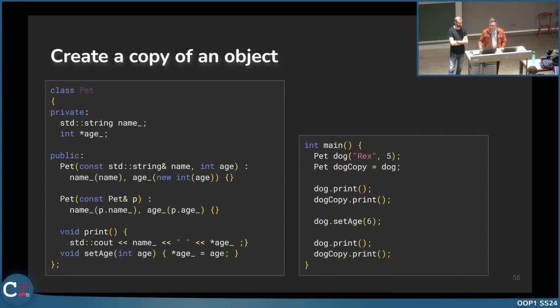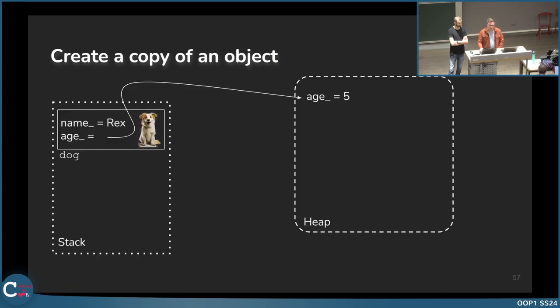To make this a bit more obvious and clear, I have again a great visualization. Here we have our first dog, the dog object, and the age points to a very, very small space on the heap where I have just the number 5.